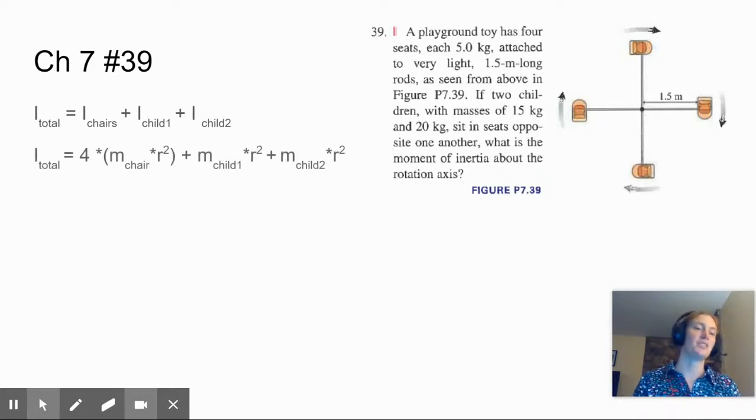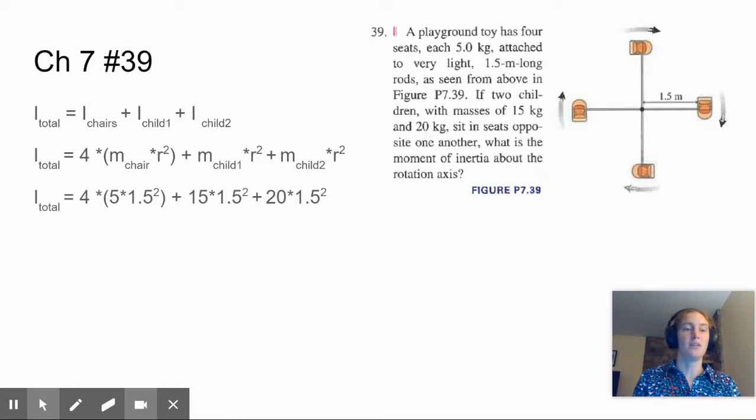So I have my moment of inertia is equal to 4 times the moment of inertia of one chair plus the moment of inertia of the first child plus the moment of inertia of the second child. And for all of these, I just left it as R because all the seats and kids are the same distance away. So I did not need to put anything after the R because they're all the same R.